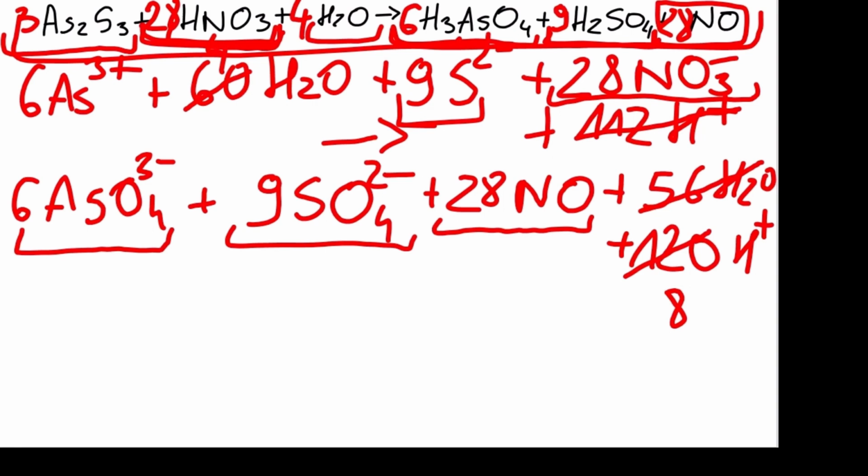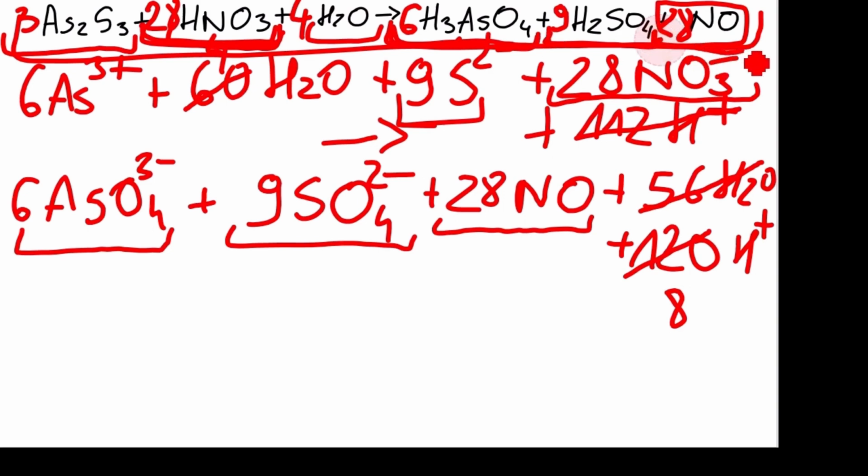left side. On the right side 6 arsenic acid particles give us 6 times 4 is equal to 24 atoms of oxygen. In 9 sulfuric acid particles we have 36 oxygen atoms. 36 plus 24 give us 60.